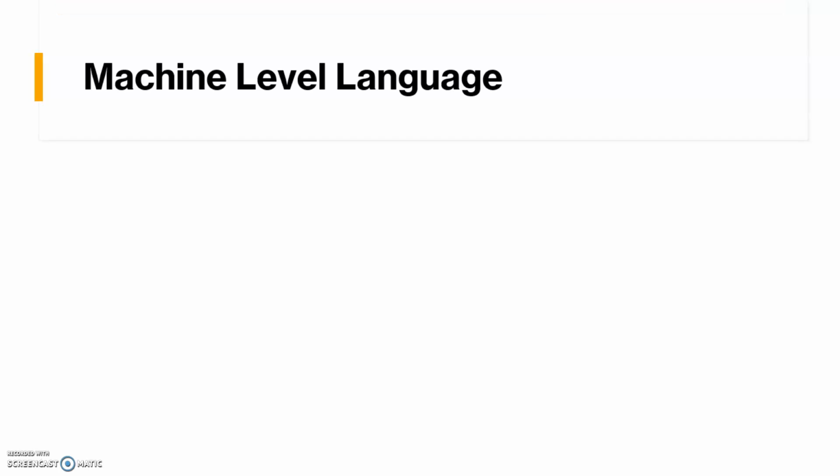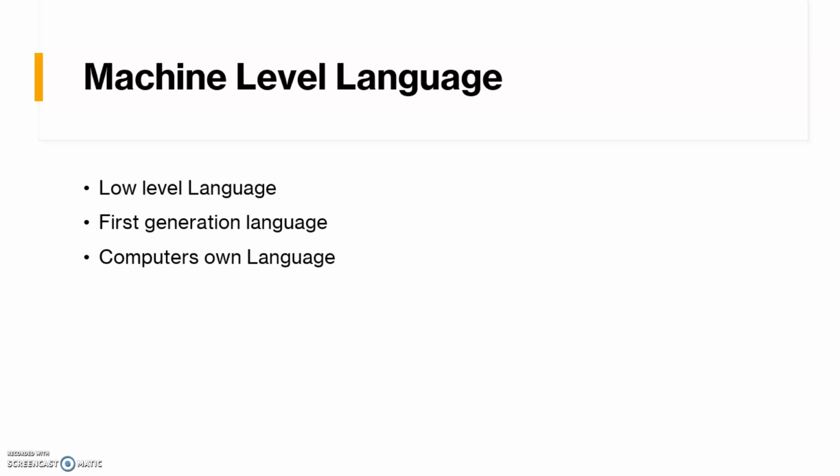Machine level languages are called low level languages, and also first generation languages, and these languages are the computer's own language. Computers understand this language, that's why it is named machine level language. It consists of two states, 0 and 1, only 2 bits.